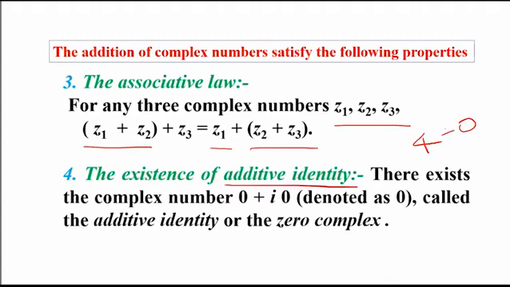If you add 0 to any number, it gives the same number, so such a number is called the additive identity. Likewise, for the complex number z, the additive identity is 0 plus i0, which is the complex zero. So the additive identity of any complex number is nothing but 0 only.